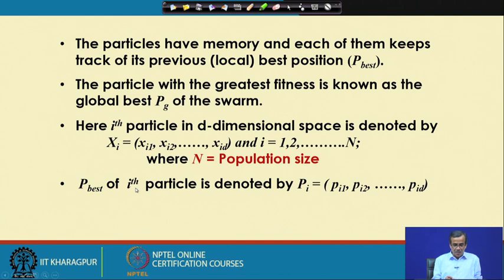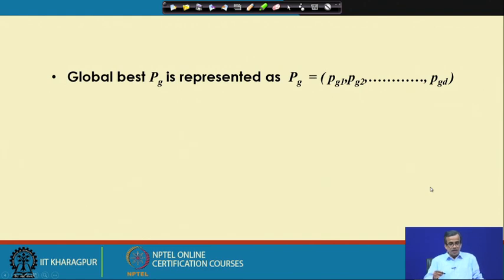Now, P best of the ith particle: each particle, that is each solution, is having d dimensions. So, P i is the collection of P i1, P i2 up to P id. The globally best solution is denoted by P g in d dimensions, that is P g1, P g2 up to P g d.